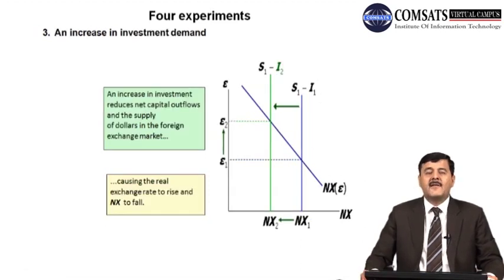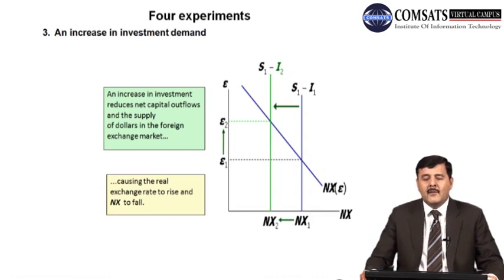Now, as we said, the third parameter or the third experiment is an increase in investment demand. If the demand for investment increases, right? So what will happen? The increase in investment demand reduces net capital outflow.